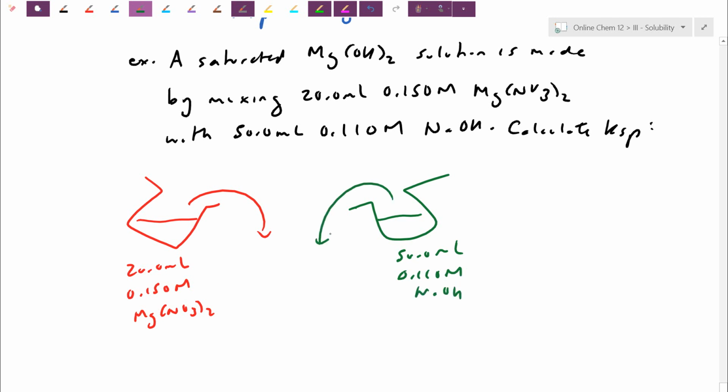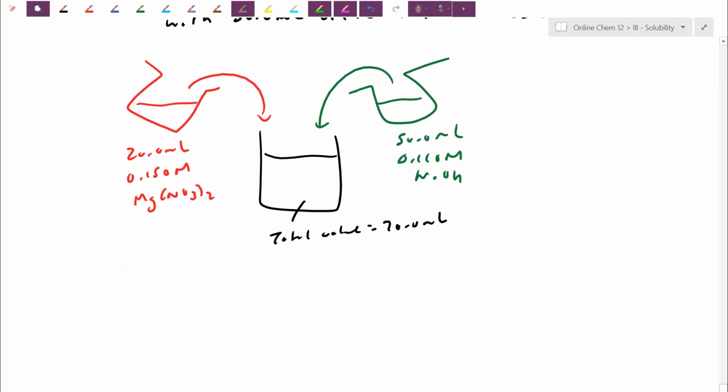I mix these 2 together. Easy problem first. I mix 20 and 50. My total volume is going to be 70. There is a dilution aspect that I need to do right from the start. Regardless of this saturation and solubility stuff here, there's a C1V1 = C2V2 I need to do for magnesium nitrate. There's a C1V1 = C2V2 I need to do for the sodium hydroxide. So let's do that part first.